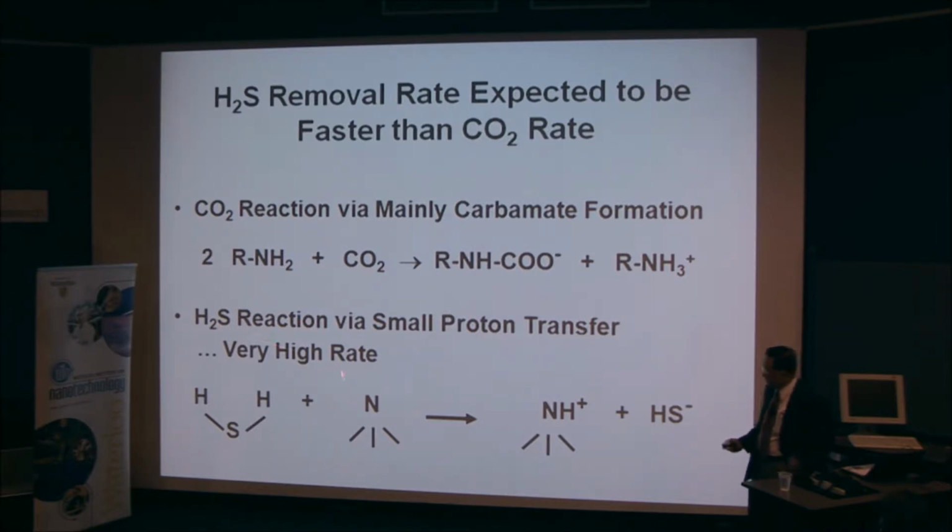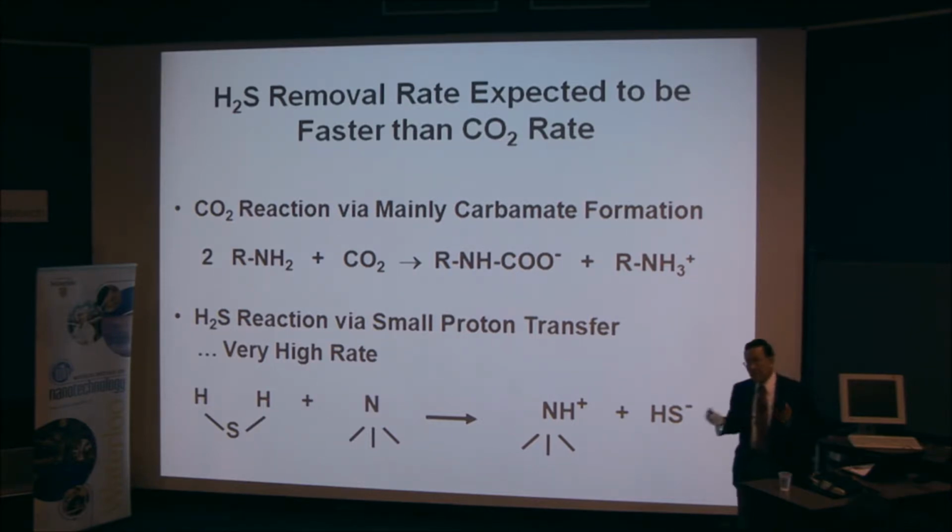The reaction with hydrogen sulfide is rather different. Essentially, it is an acid and base type of reaction that involves proton transfer from the acid hydrogen sulfide to the amino group. Because the proton is a very small moiety, the reaction rate is not affected by the steric hindrance.